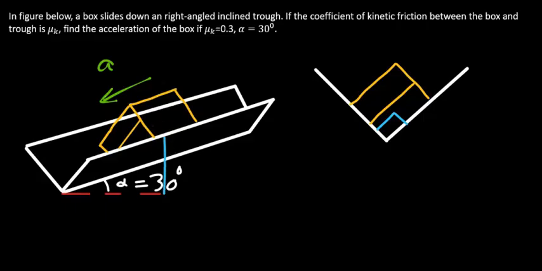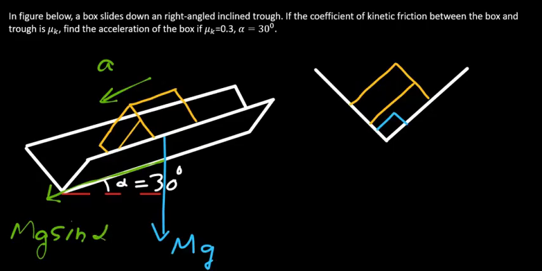So the first one is the weight that acts vertically downward. Let's call it mg. The component of that weight that is dragging it down is the component that is parallel to that incline. So that is mg sine alpha. There is also the component of weight that is perpendicular to that incline, like that.